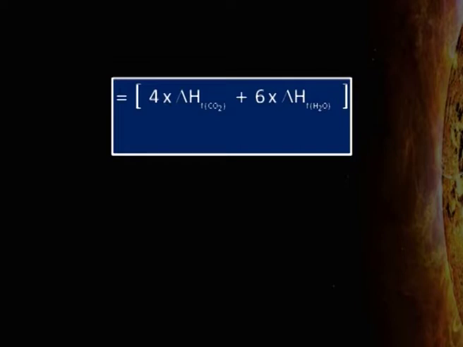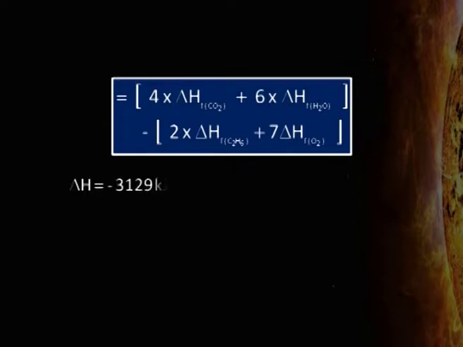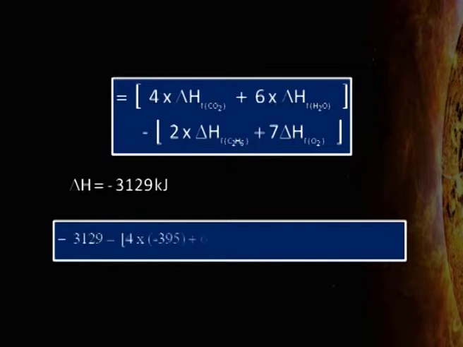by delta H formation for H2O minus 2 multiplied by delta H formation of C2H6 plus 7 multiplied by delta H formation for O2. As delta H reaction is minus 3129, therefore, minus 3129 will be equal to 4 multiplied by minus 395 plus 6 multiplied by minus 286 minus 2 multiplied by delta H formation for C2H6 plus 7 multiplied by 0.